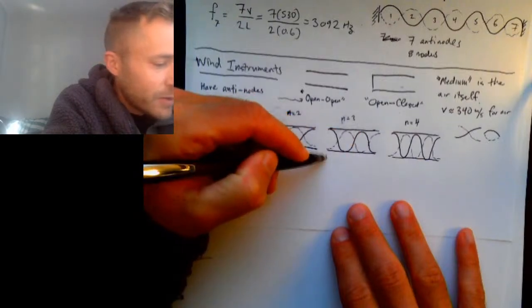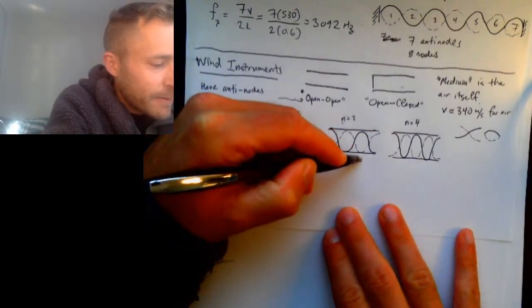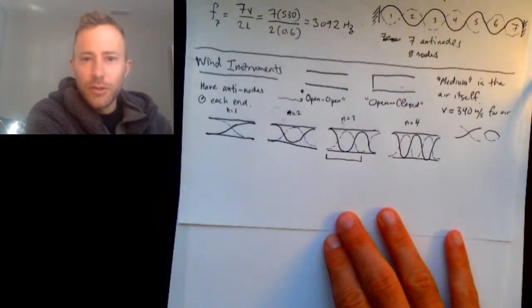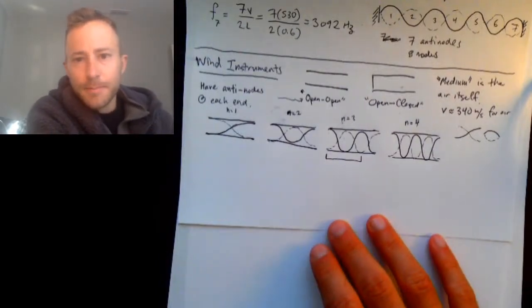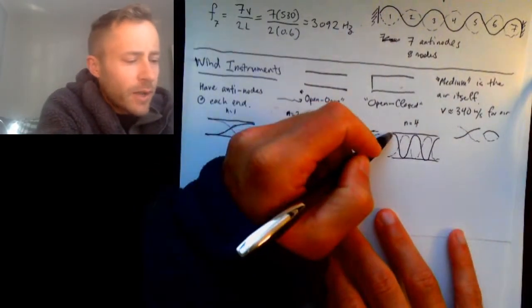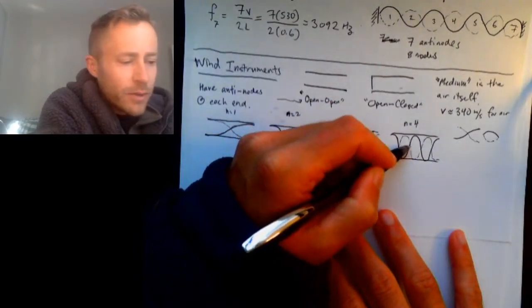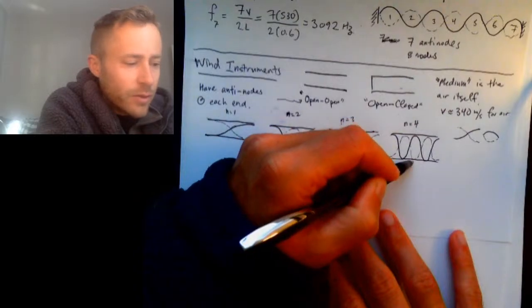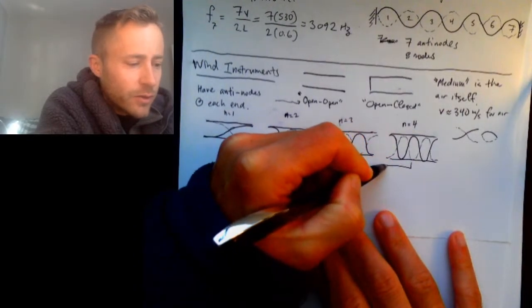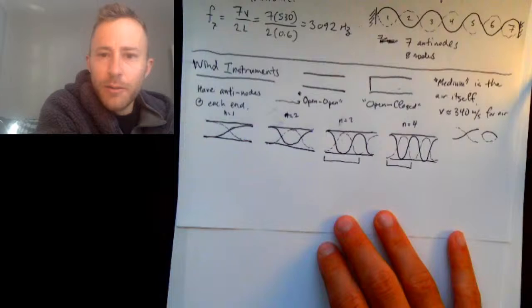So this would be a full wave, that distance right there. Here we have half of a crest, we have a full trough, and then we have the other half. So this is going to be a full wave, etc.